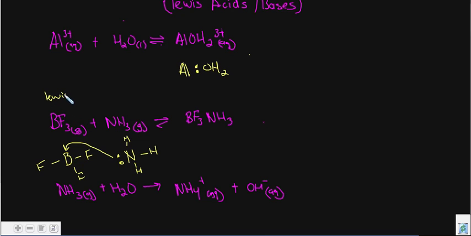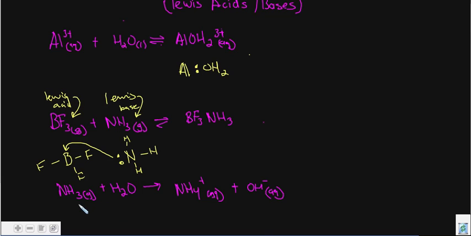So the Lewis acid is BF3, and the Lewis base is the electron donor. So here's the Lewis base right here, because it clearly is going to give the pair of electrons to the BF3.